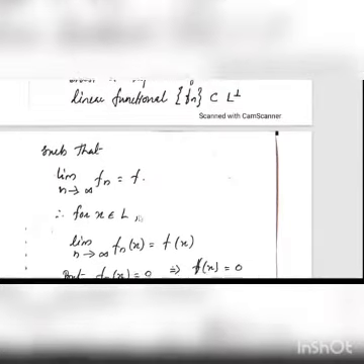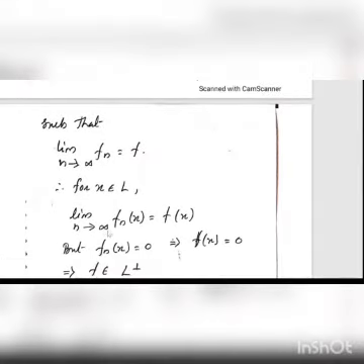Therefore, for x belonging to L, the limit as n tends to infinity of Fn of x is equal to f of x. But Fn of x equals 0 for every x belonging to L, since Fn belongs to the annihilator set. Therefore, for every x belonging to L, Fn of x is nothing but zero.